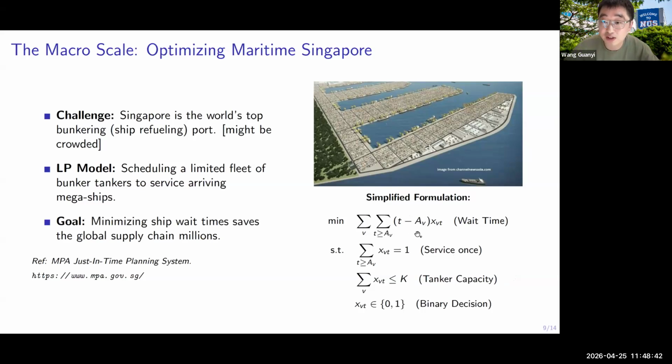Their difference is the waiting time. So we would like to minimize the waiting time for all ships that come in.